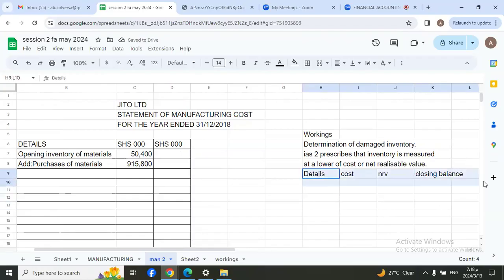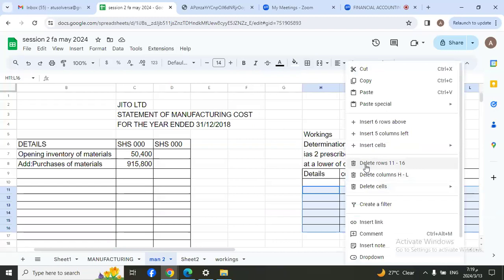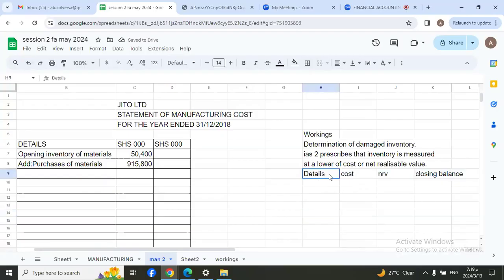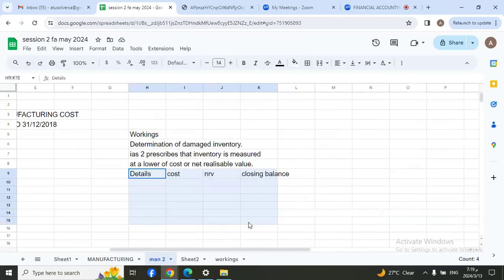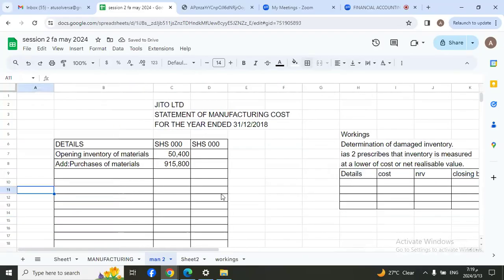You can do it in another way, not even in a table form, but I've done it in a table form for all of us to understand. So that is how it would be.